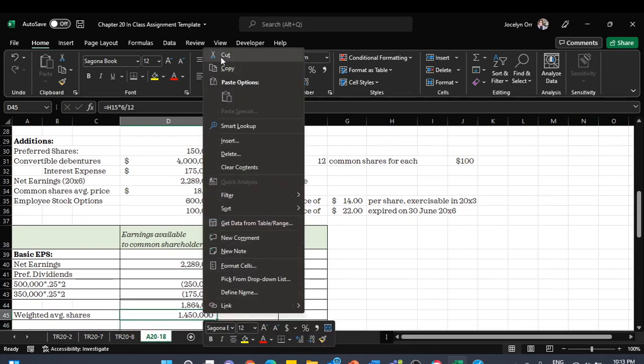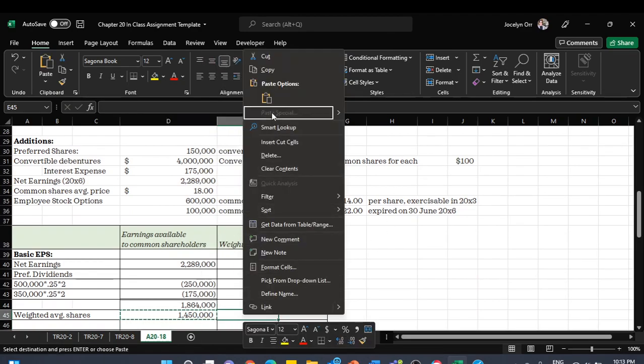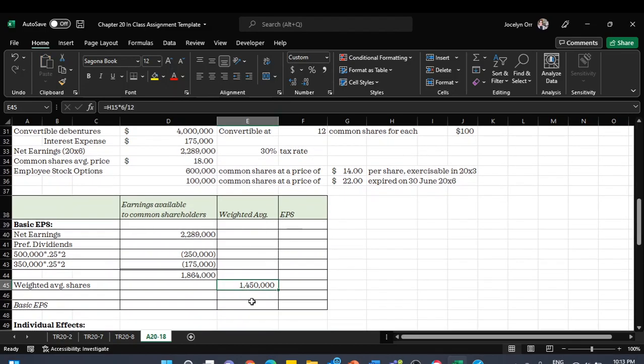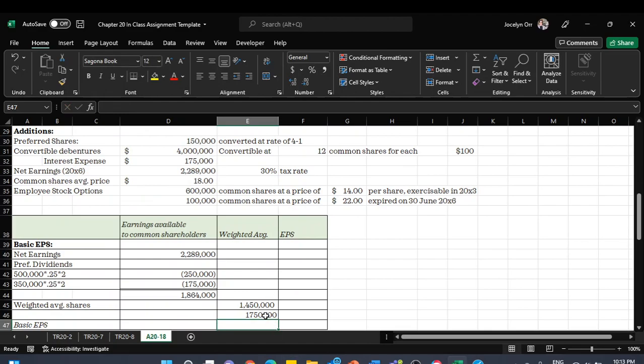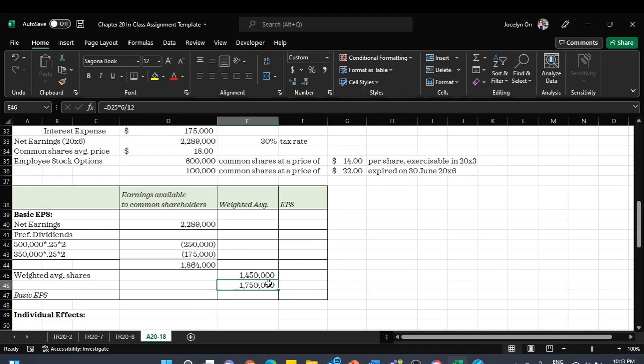I don't know why I put it in that box when it should be over here. And that gives us an amount of 1,450,000. Our 3.5 times 6/12 is going to give us 1,750,000.